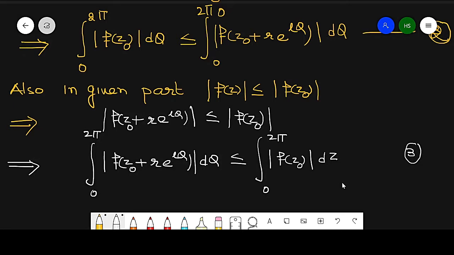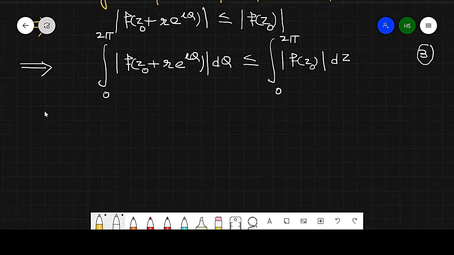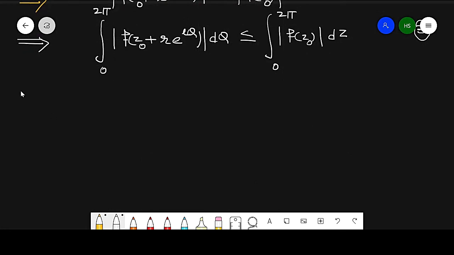Now from equation number 2 and 3, we get left hand side and right hand side are equal.